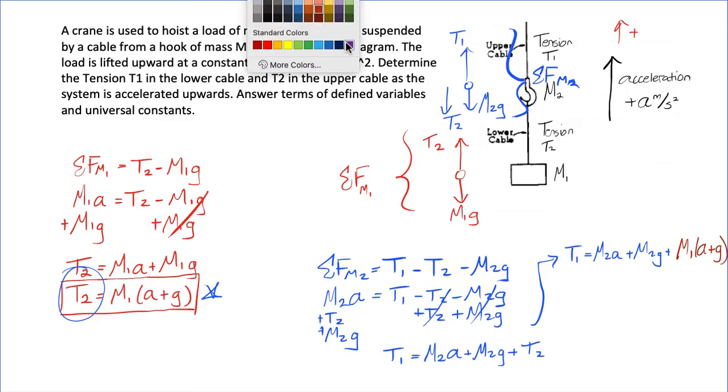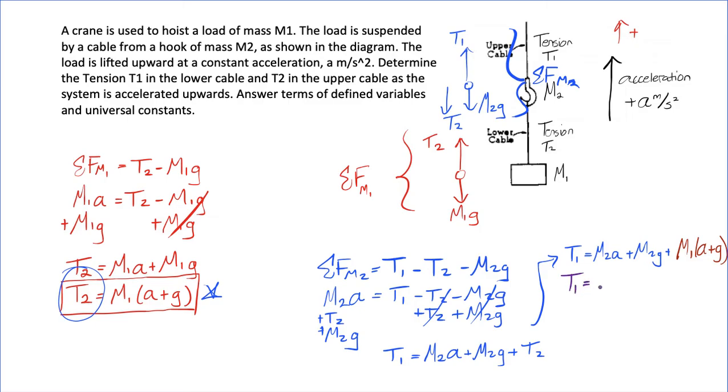So, altogether, in an equation I guess we could write in purple because it's sort of a combination of the red and the blue. We have that T1 is equal to, and I can do one more little simplification here. See these two terms, by grouping, they both have an M2 in them, so I could factor that out. I have M2 times (A plus G) plus M1 times (A plus G).